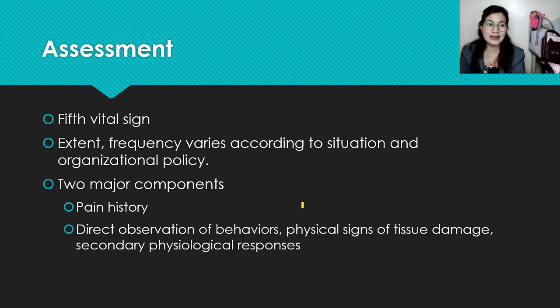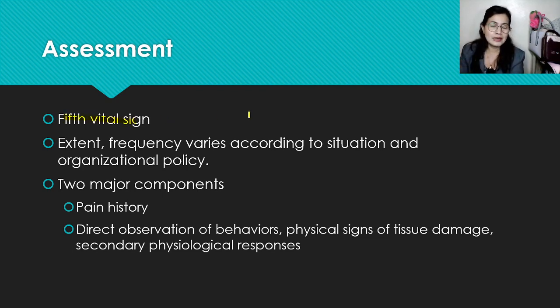So when we conduct assessment, we also have to consider that whenever you ask about pain, consider this as the fifth vital sign, aside from the vital signs that you've learned. So pain assessment is considered as the fifth vital sign.